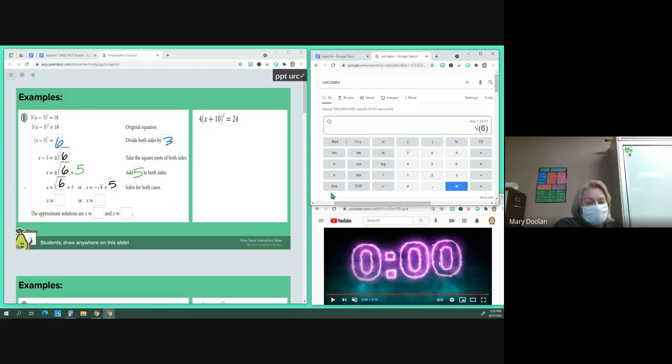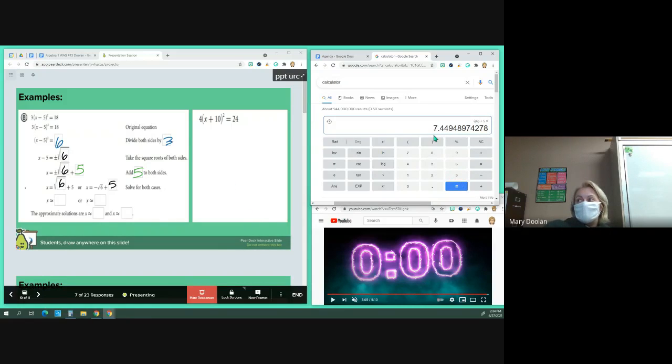It's not a part of that square root. If it was, I'd be taking the square root of 11, and I don't want to do that. I want to take the square root of 6 and then add 5 to it. So by closing the parenthesis, I'm limiting what the square root is being taken of. Now I could put in plus 5, and this is now separate. It's not under the square root symbol.